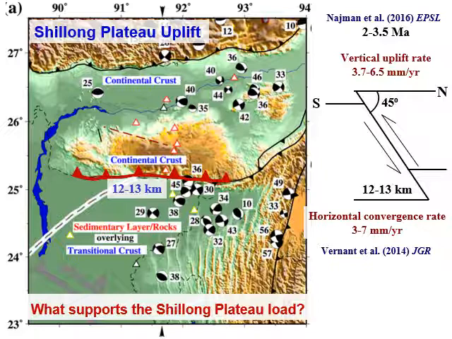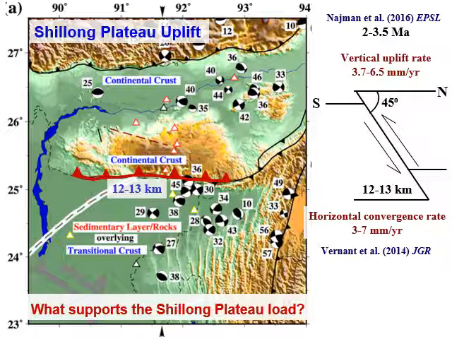Now if I make an assumption that the Dauki fault dips at 45 degrees, and this is something which I derive from Roger Bilham and England's work on the 1897 Shillong earthquake, where they said that the Dauki fault is the south bounding fault of the Shillong Plateau and most probably dips at an angle of 45 degrees, then I can translate the vertical uplift to the horizontal convergence rate, which will also be quite similar, between 3.7 and 6.5.